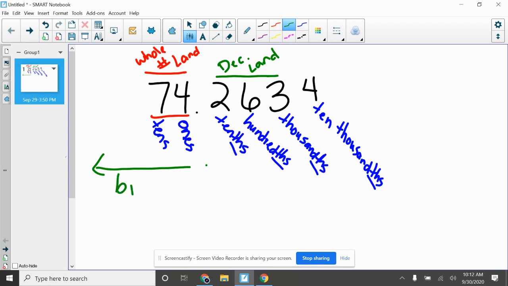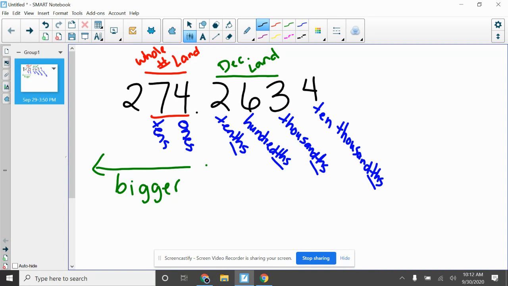Not the actual number. It's not that it's a 2 or a 4 or 7, it's where it's sitting. 4 in the ones place is smaller than 7 in the tens place. And if I put an extra digit over here like a 2, the 2 would be bigger than the 7 and the 4 because it's in the hundreds place. So as we move away from the decimal in whole number land, things get bigger.